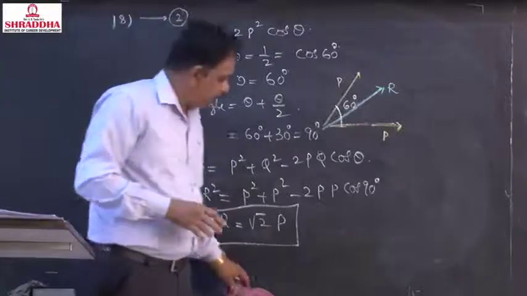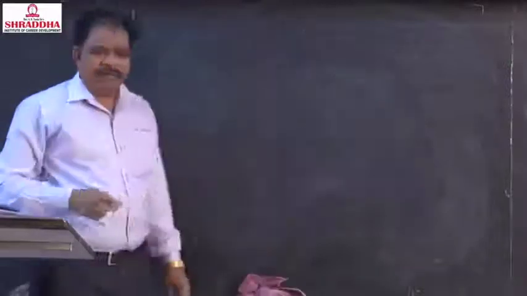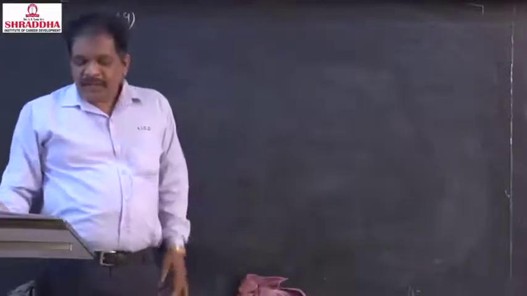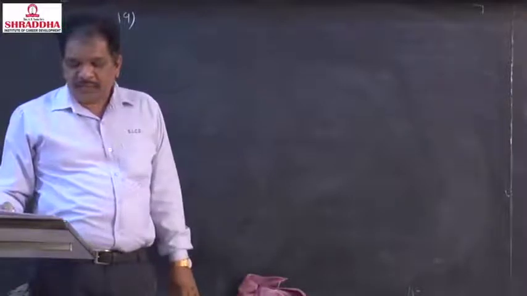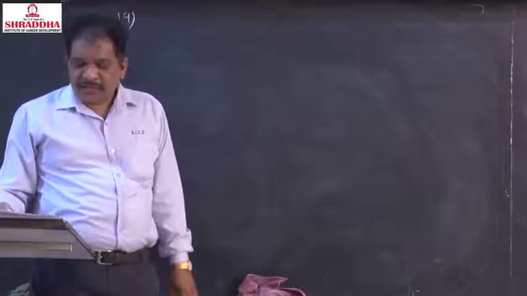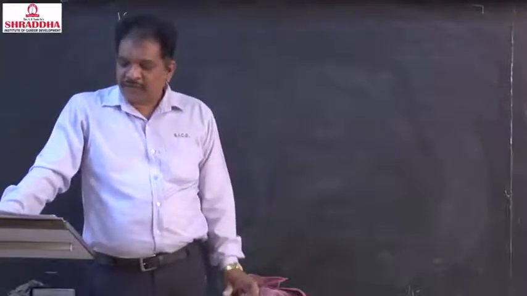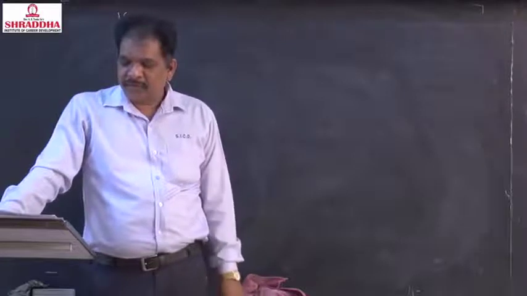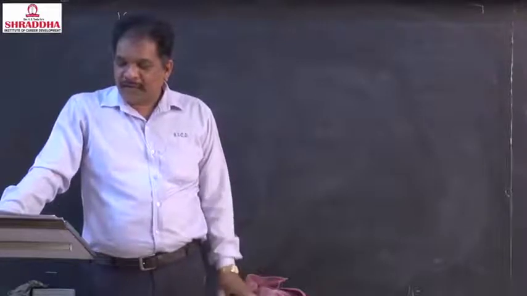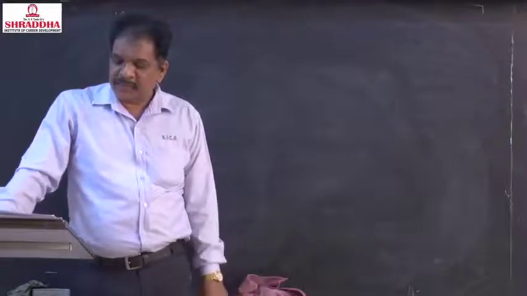Next, question number 19, what they are asking. Question number 19. The resultant of two vectors of magnitudes P and Q is of magnitude Q. If magnitude Q is doubled, now what is the angle made by the new resultant with P bar?